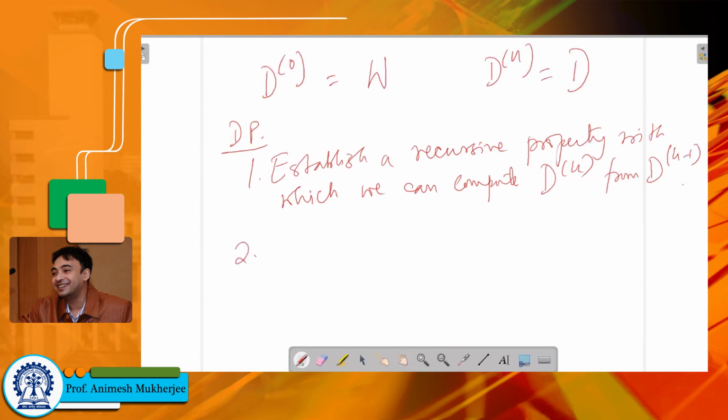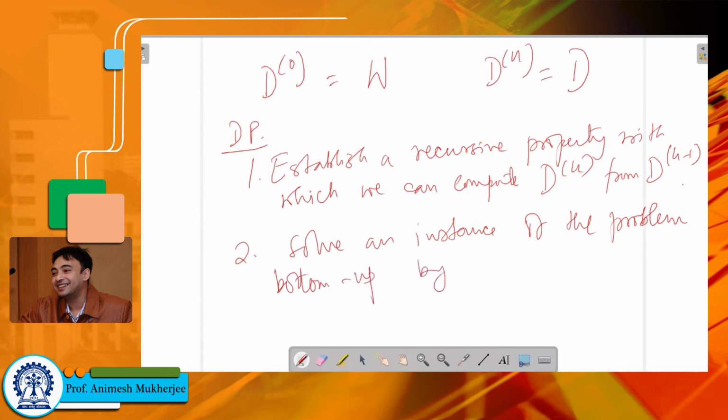The second is solve an instance of the problem bottom up, okay, by repeating the process in step 1 for k equals 1 to n.